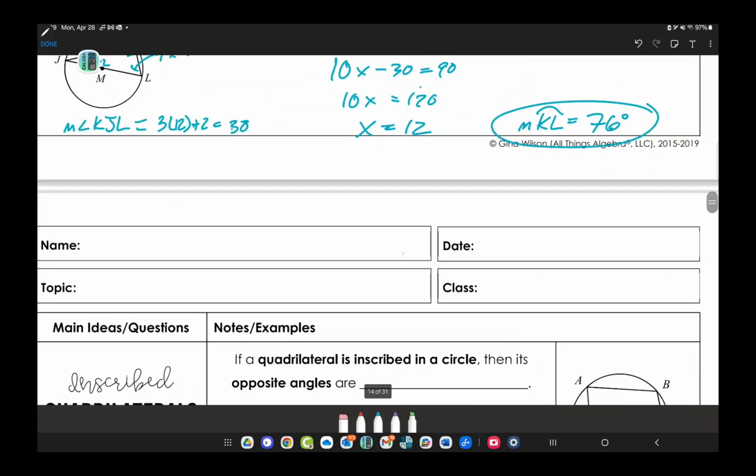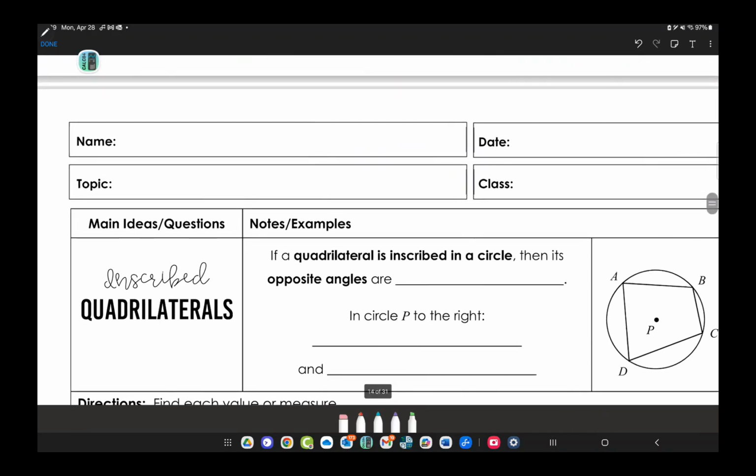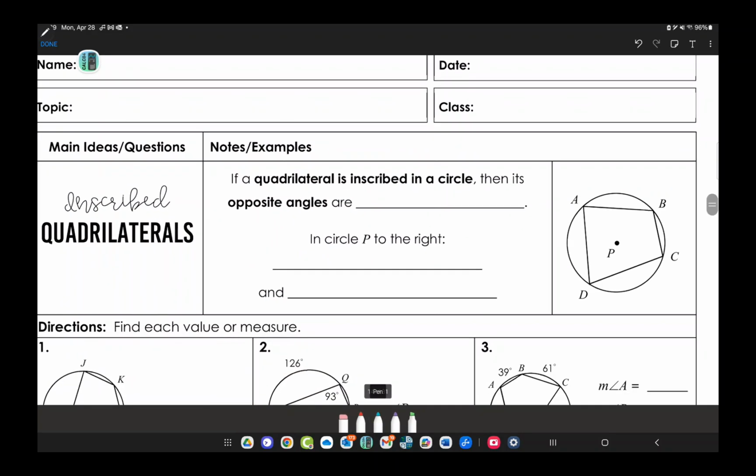Now we do have to go over this page because this will also be part of our homework. Inscribed quadrilaterals. All right. So let's look at this first question. If a quadrilateral is inscribed in a circle, then its opposite angles are what?